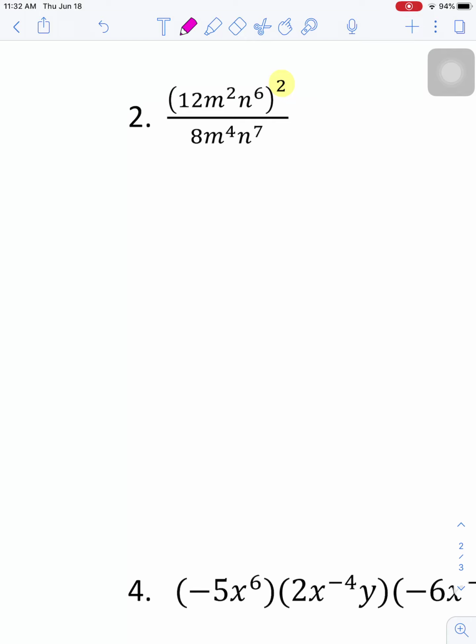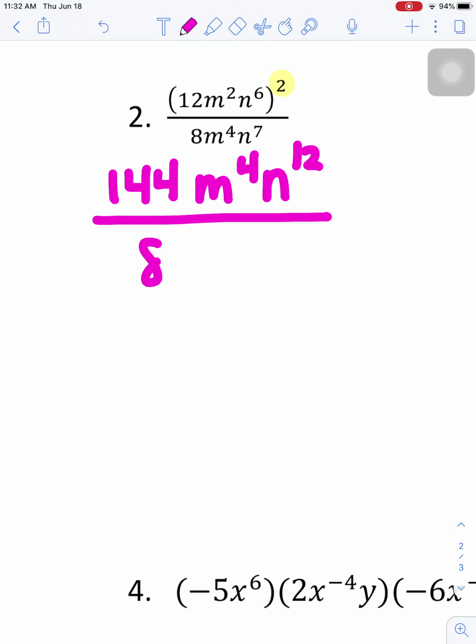When you distribute that power of 2 or you use the power rule, you should get 12 squared, which is 144. Then you have m to the fourth, n to the 12th. And then you have this divided by 8m to the fourth, n to the 7th.